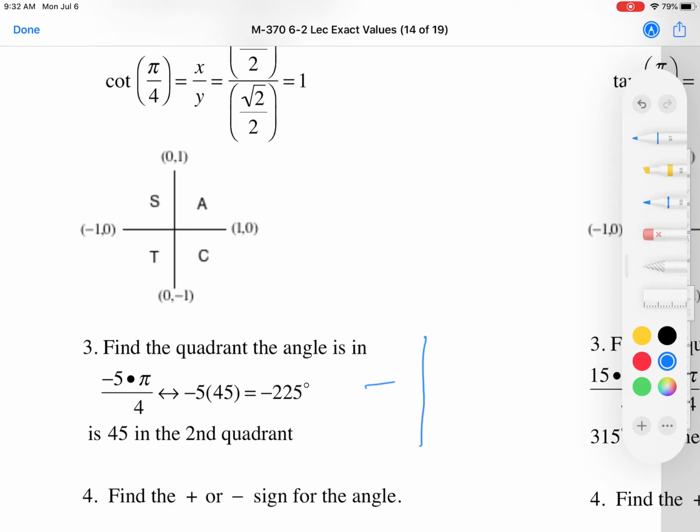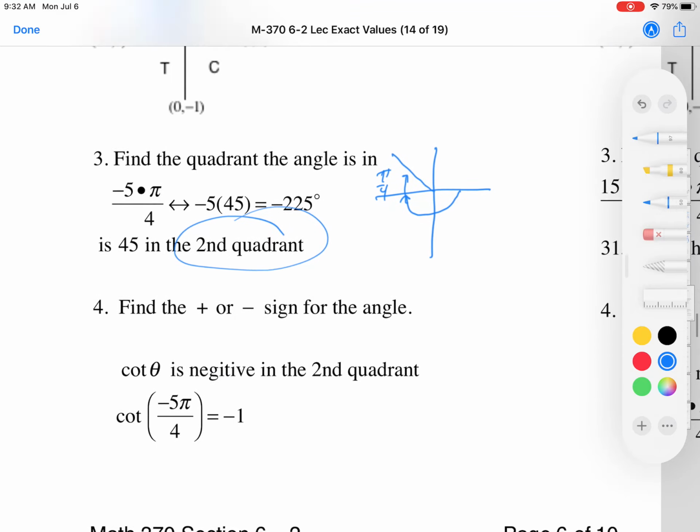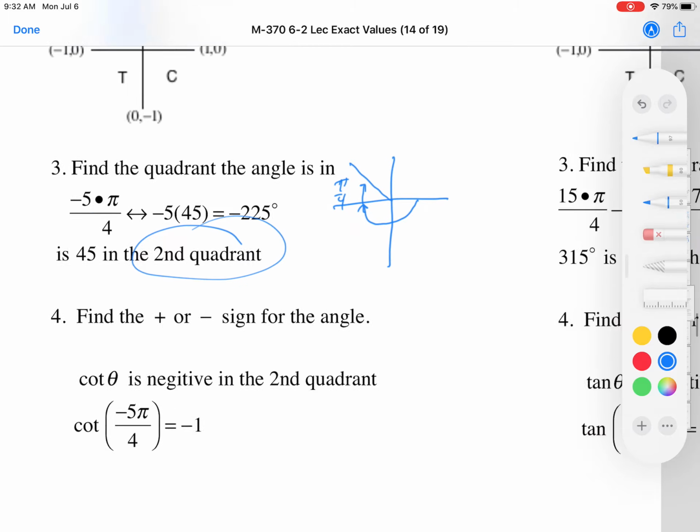One way to figure that out through radians is -5 pi over 4 would be going this way. This is -4 pi over 4. And so -5 pi over 4 would be 1 more pi over 4. There's your reference angle, and there's -5 pi over 4 in the second quadrant. We're dealing with only sine and cosecant being positive there, so he should choose the negative sign, which he does.